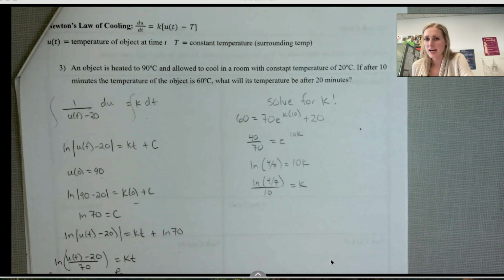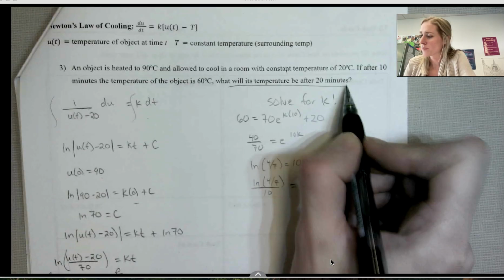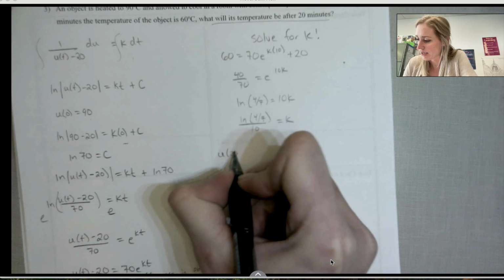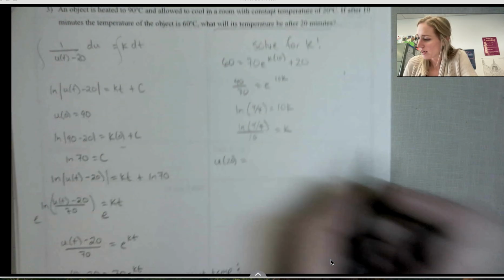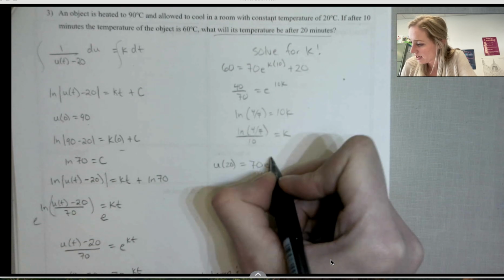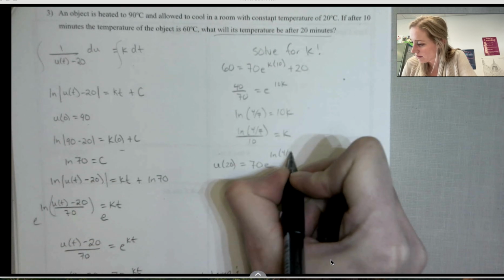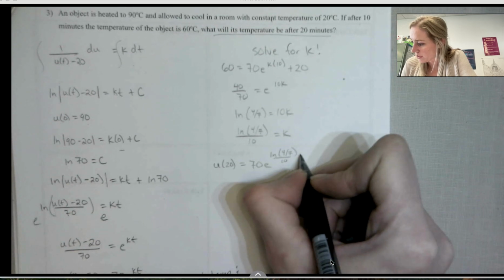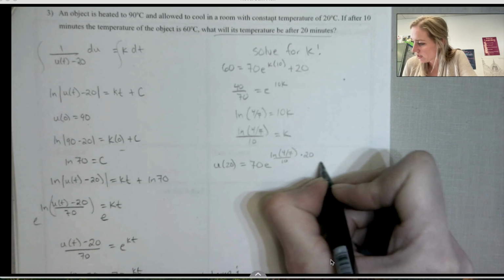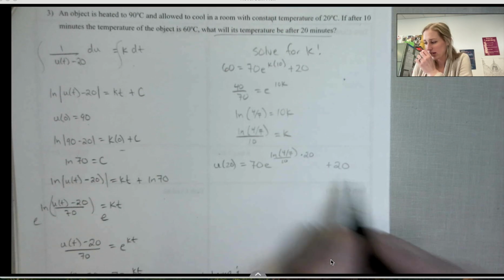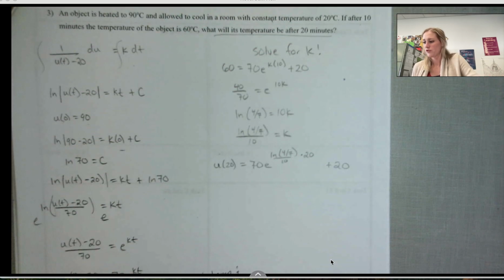All right, so now our question, what will the temperature be after 20 minutes? So we are solving for u of 20. All right, so we have 70 e to the, we now know k, natural log of 4/7 over 10 for 20 minutes. So we're going to plug in 20 for t and then plus 20. Again, this is all just some calculator work to find u of 20.